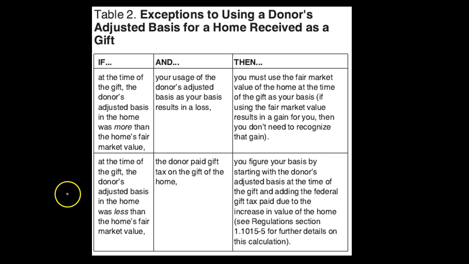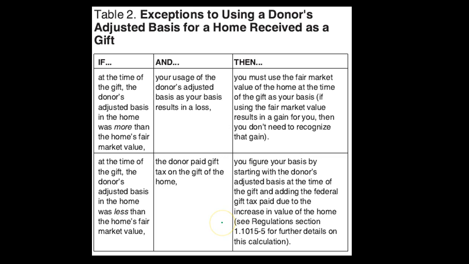Next one: if at the time of the donor's gift, the donor's adjusted basis in the home was less than the home's fair market value, and the donor paid gift tax on the gift of the home, so now we have this gift tax involved, then you figure your basis by starting with the donor's adjusted basis at the time of the gift and adding the federal gift tax paid due to the increase in value of the home.